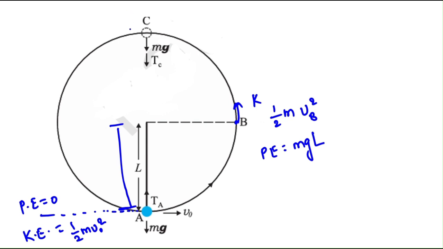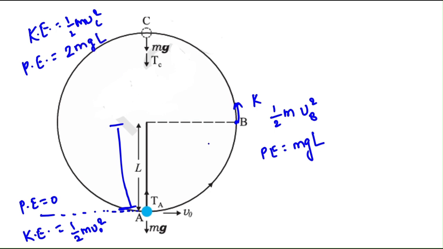Now, at point C, the kinetic energy will be 1 by 2 m vc square, and the potential energy, you can guess now, will be 2 mgL.